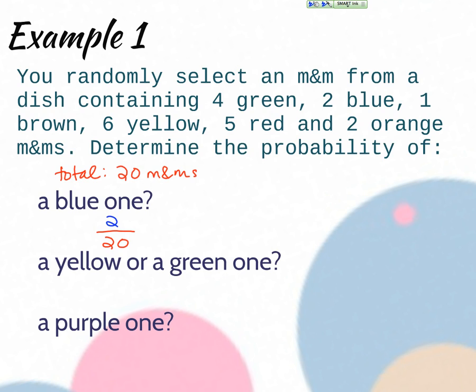When you are checking the back of the book, even in the same section, the answers to 2 might be in a fraction and the answers to 3 might be in a decimal, so you should be able to understand how to get both answers just for checking. I don't really care. So always reduce those, so I'd have 1/10 or 0.1. And I keep forgetting to write the notation, so the probability that I have a blue one.